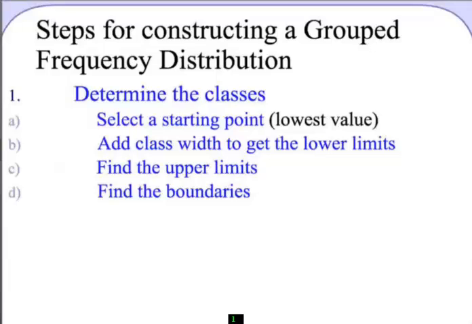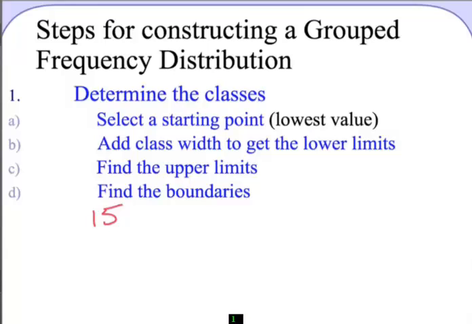Okay, after we have found our class width, we need to select a starting point. We're always going to use the lowest value that we have. Then we're going to add the class width to get the lower limits. So for instance, in the example I just gave you, the lowest number was 15, and my class width that I was going to use was 21.